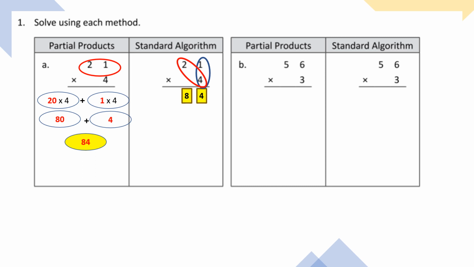So we're going to be multiplying 56 times 3. And we're going to do partial product first. Well, the number 56, if we break it into tens and ones, then we have 50 plus 6. So we have two equations now: 50 times 3 plus 6 times 3.